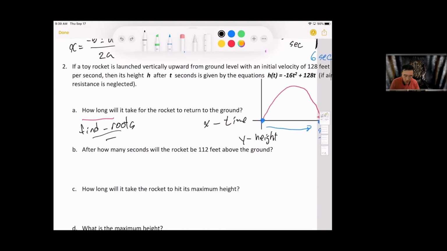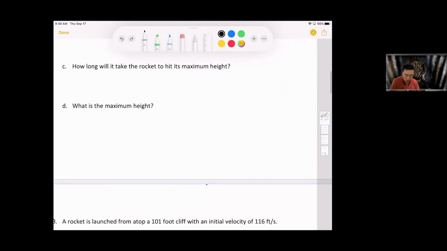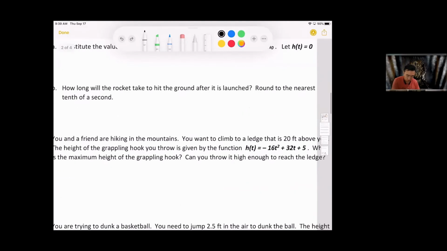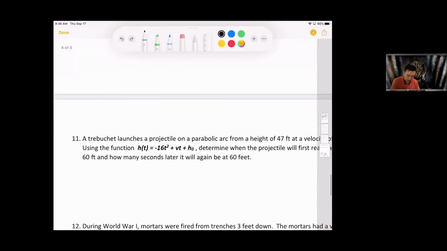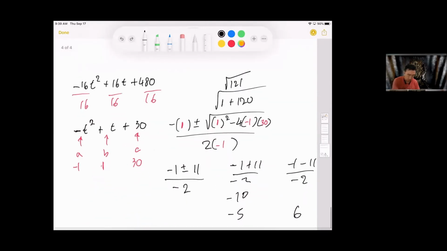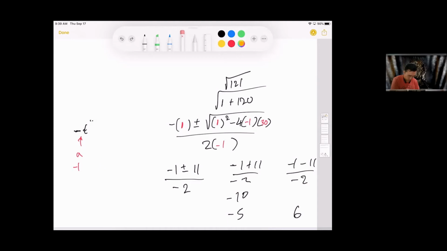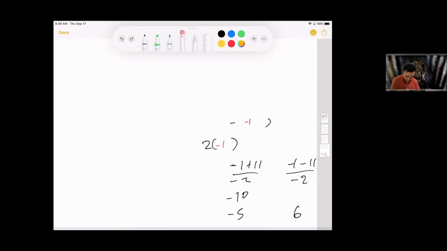Negative 16t squared plus 128t. I need an empty spot. I'm going to erase all of this. It'll get really nasty for the quadratic formula, with 128 to the second power.